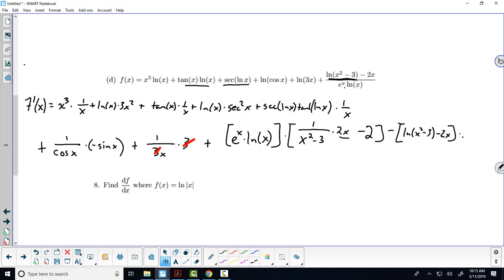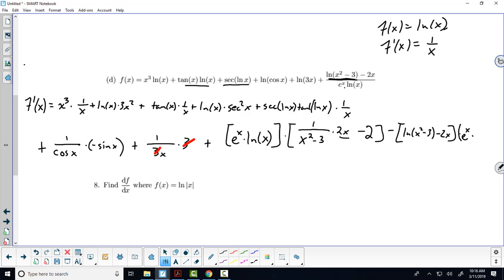Okay, so we're doing a product rule, and that's the first term. Good. Great. What's the derivative of the natural log? Careful. So if I give you f of x equals the natural log of x, its derivative is 1 over x, right?